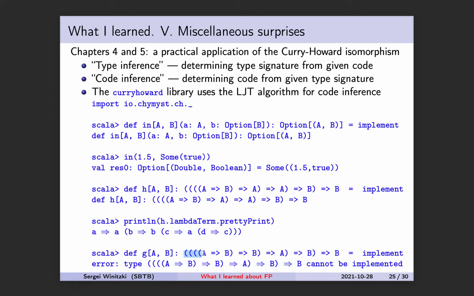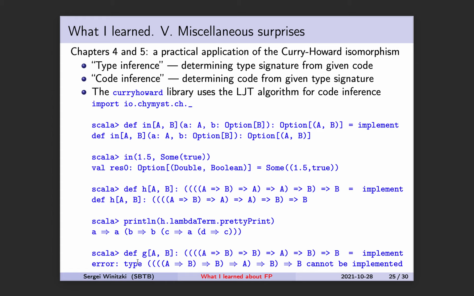Note that in this example, it's almost the same type signature as this one, except I changed here A to B. And for some reason now, this type signature cannot be implemented. So there is no code that implements this type signature, and the algorithm proves that.